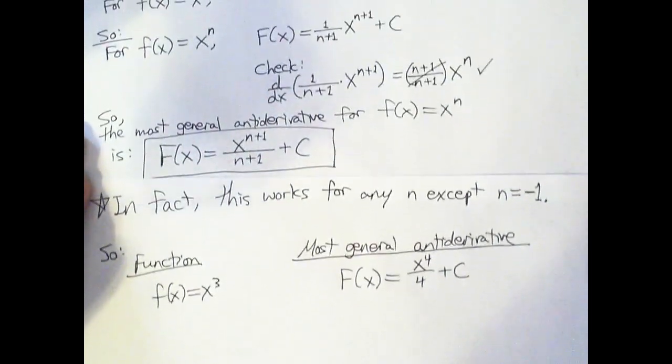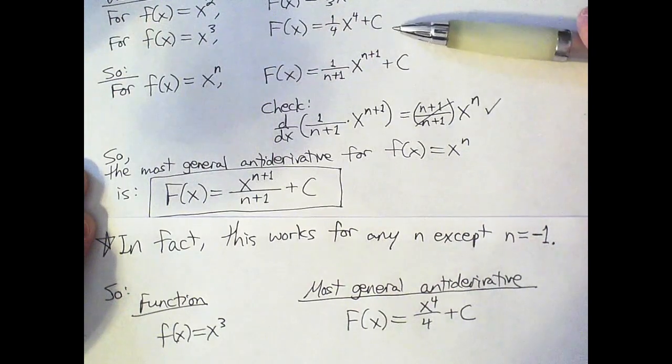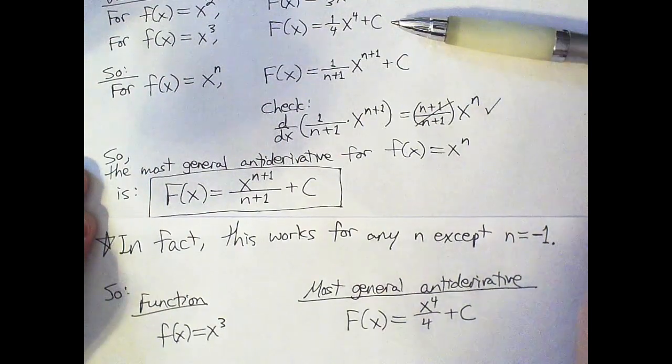Do you see that that's the same thing that we wrote above? What we wrote down here is the same as what we wrote up here. It just looks a little different because instead of having a 1/4 in front, we put it over 4. It's the same thing.